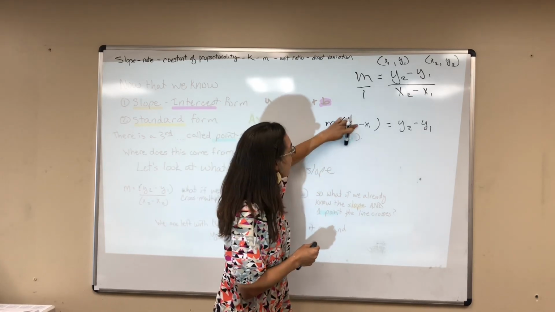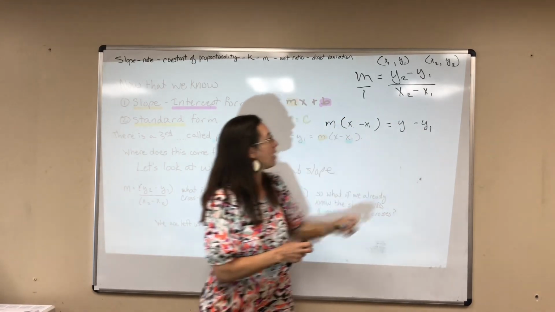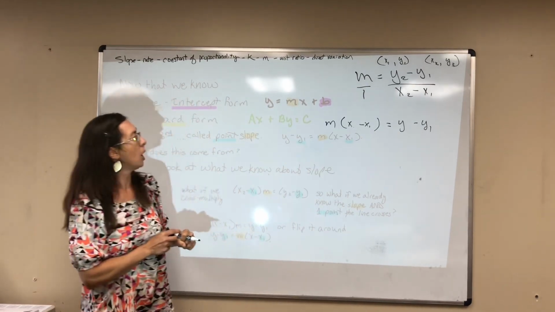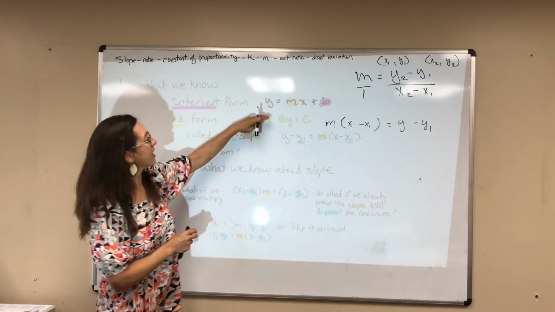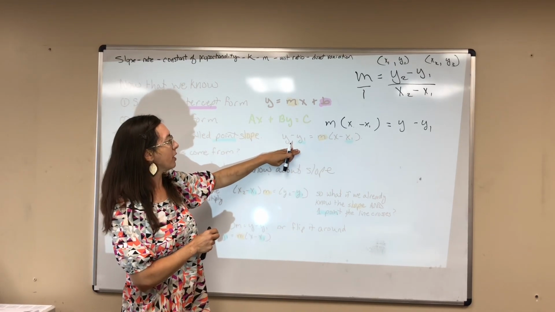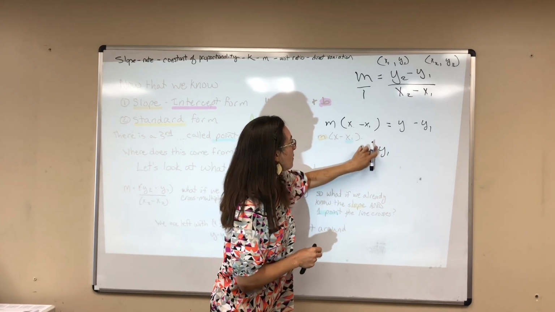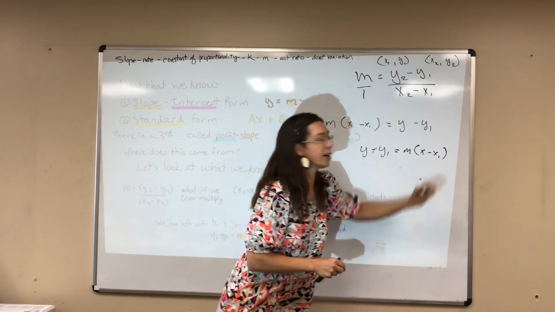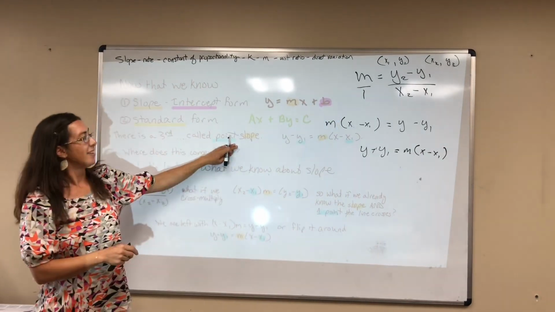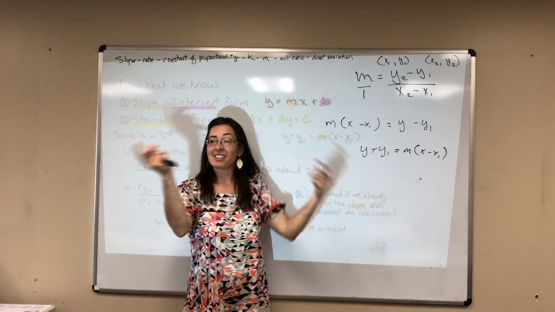So I'm going to take away my 2 and say, I know that point. Now they're in a different order. Does that look like our new point-slope? y minus y1 equals m times x minus x1? Yeah. All it is is our slope formula that they just cross multiplied.